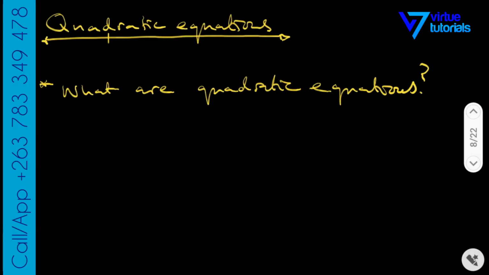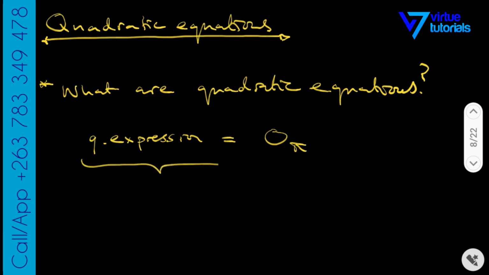Okay, so now let's move to quadratic equations. We want to know what quadratic equations are. So what are they? When you take a quadratic expression and you equate it to any number, maybe even 0, this becomes an equation.